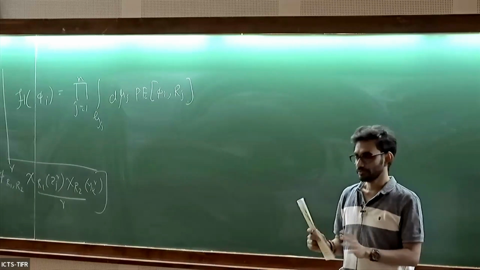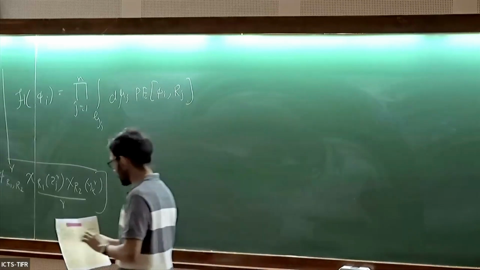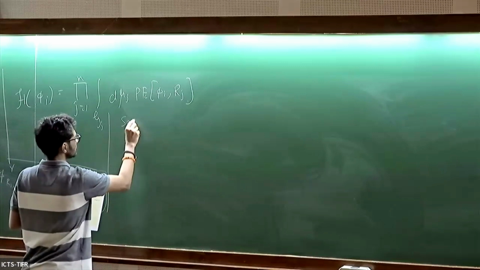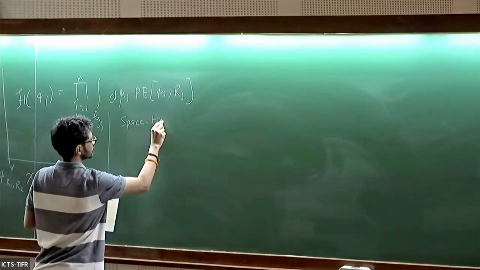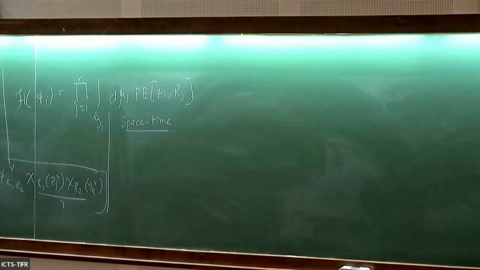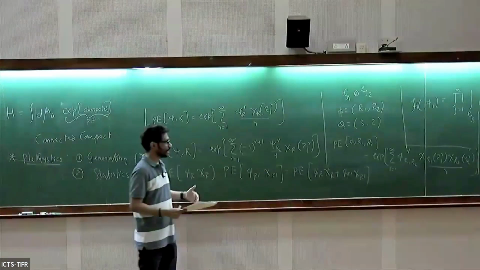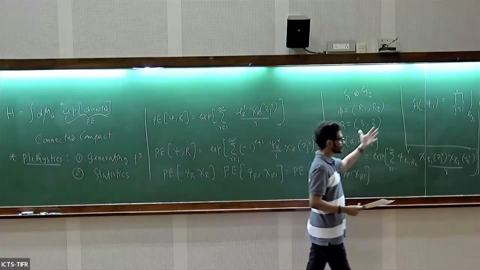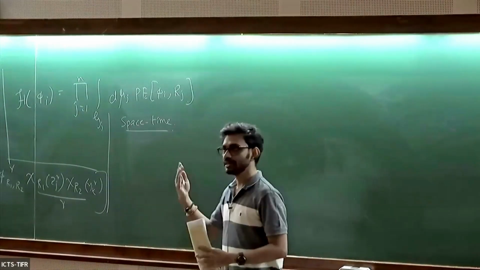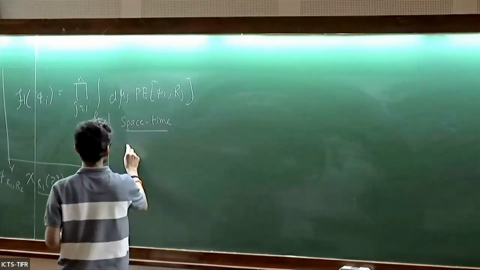Okay, fine. So now, let's talk about the space-time symmetry. Before going into space-time symmetry, let me talk about the polynomials that we are constructing. As you have seen, what are the variables we are choosing?